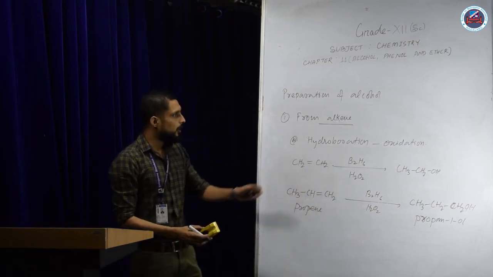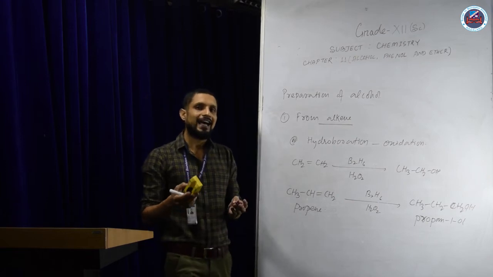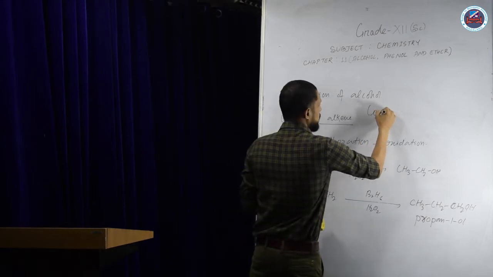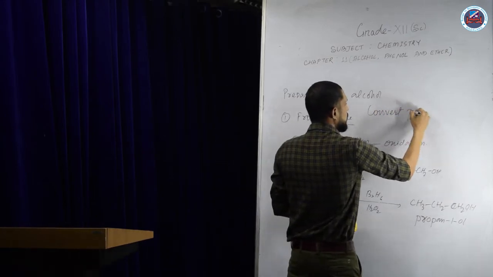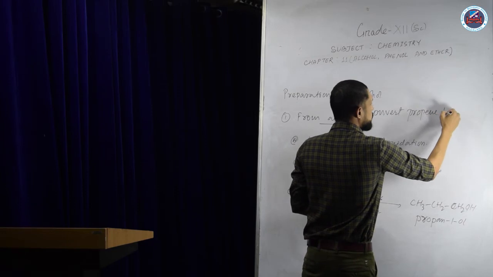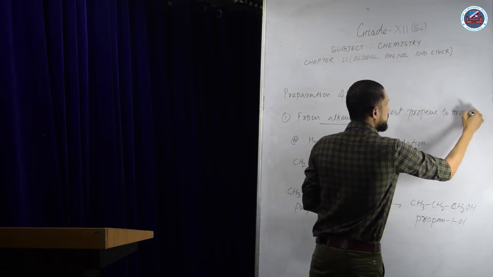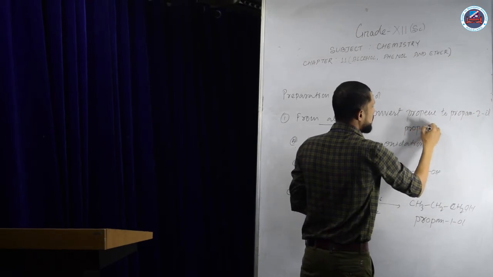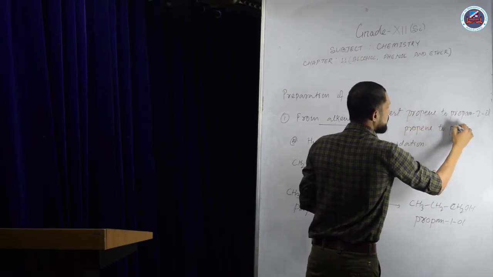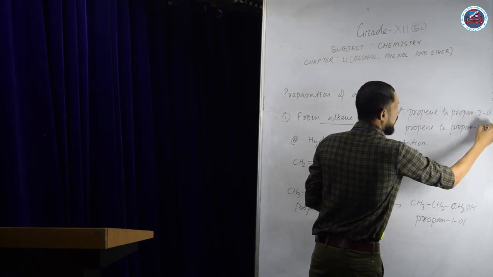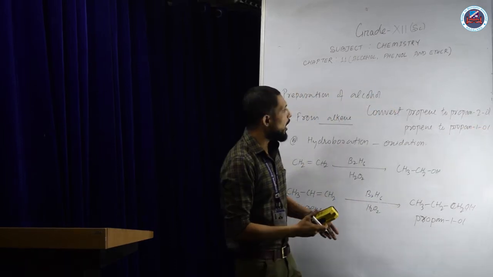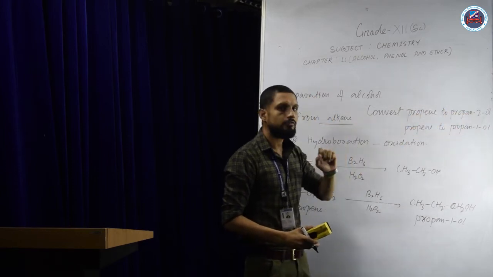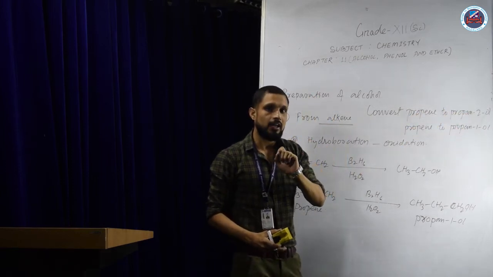So from here, you'll basically get application type questions like convert propene to propan-2-ol, or say convert propene to propan-1-ol. Now in case if you're asked to convert propene to propan-2-ol, you'll use direct hydration method.